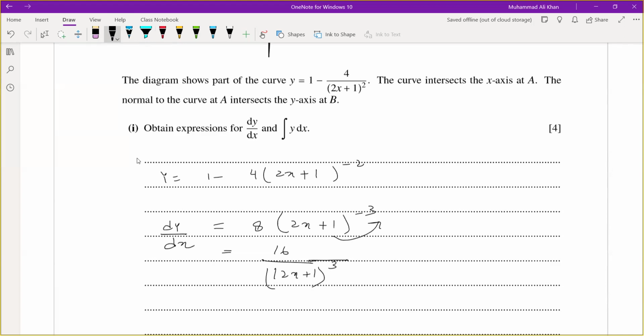So integral of y, integrate करना है 1 - 4(2x + 1) whole power -2. So it will be 1 का integral x - 4(2x + 1) power -2 + 1 divided by -2 + 1, और साथ में बेस का डेरिवेटिव is 2.